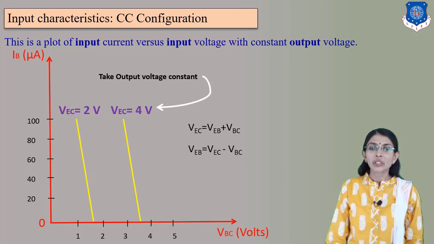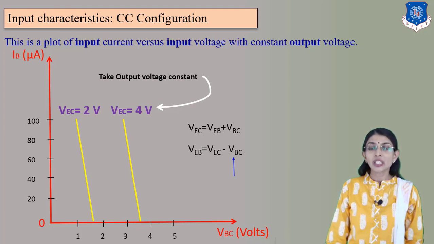Look at this. VEC is actually VEB plus VBC from the circuit diagram, but it can be rearranged: VEB is equal to VEC minus VBC. Now we have the x-axis, that is VBC. So we will measure the VBC and we will increase the VBC continuously for drawing the input characteristic. Finally we can say that the negative term VBC is going to be increased.